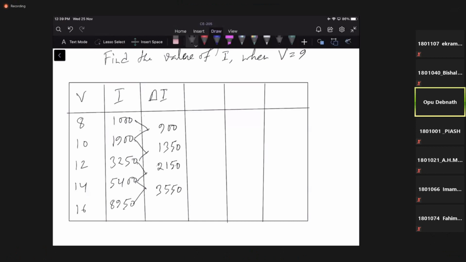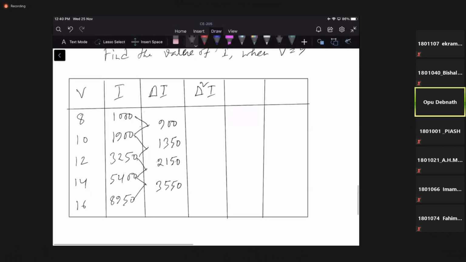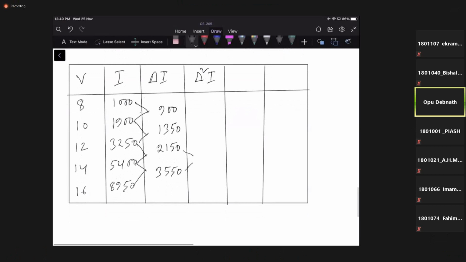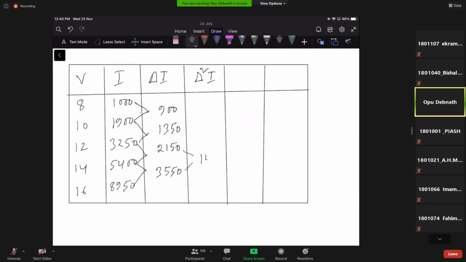Come to the next step, del square I, that means the second forward difference. Of these two, 1400, these two 800, and these two 450.